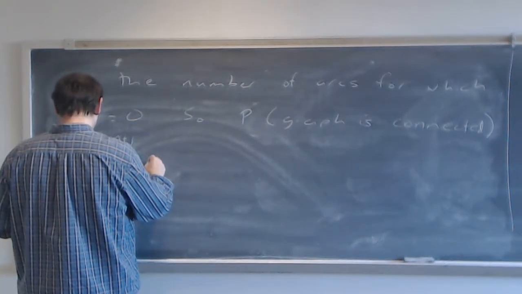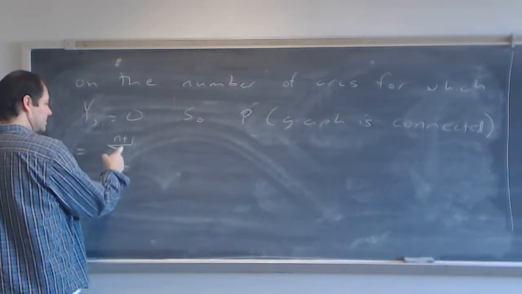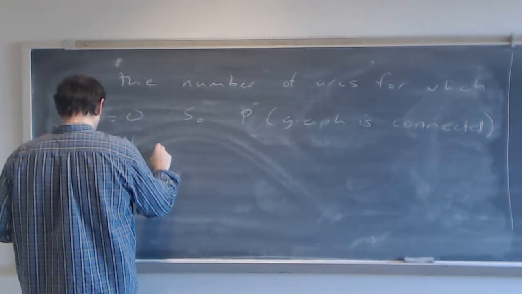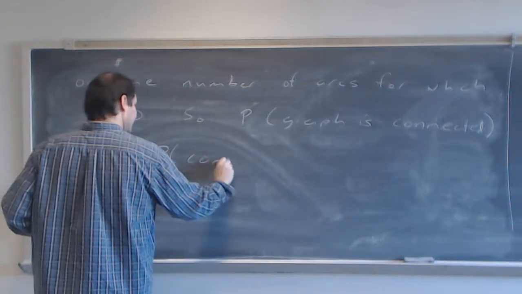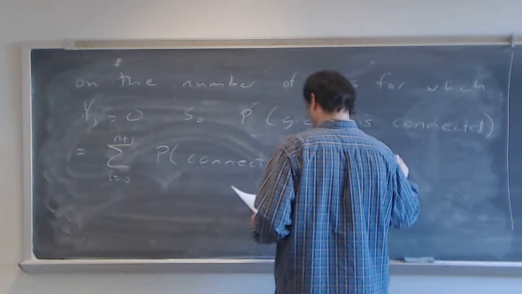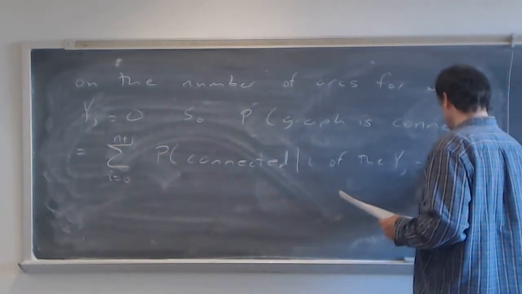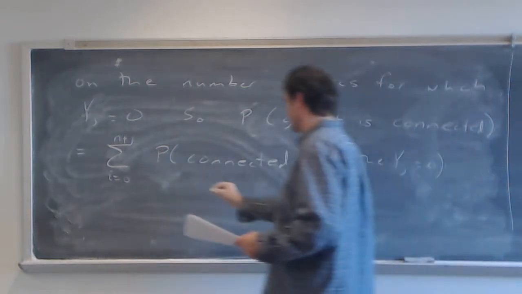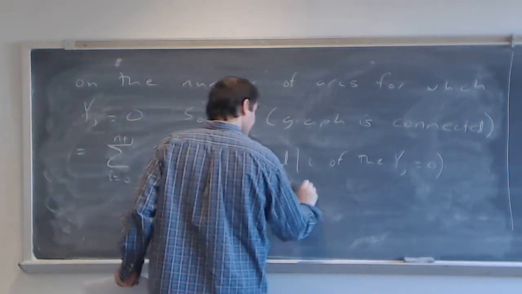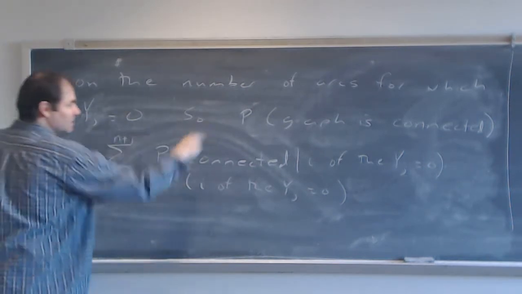Sum as I runs from 0, where maybe none of the regular nodes get sent to the supernode, to maybe all of them are sent to the supernode, so it's n plus 1. The probability the graph is connected given exactly I of the y sub j equal to 0, times the probability that I of the y sub j are equal to 0. This is the total law of probability I'm using.